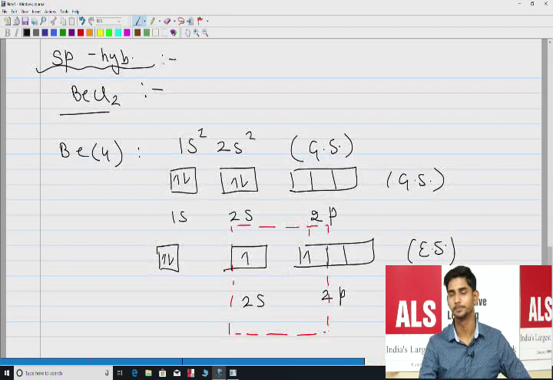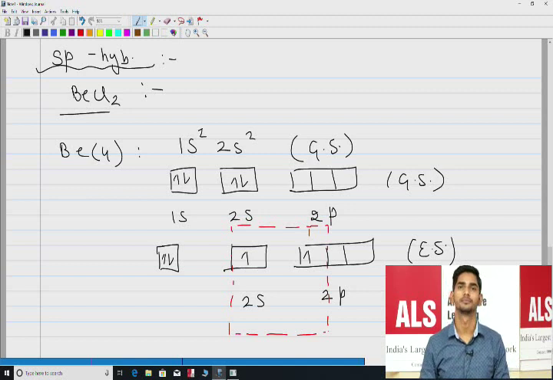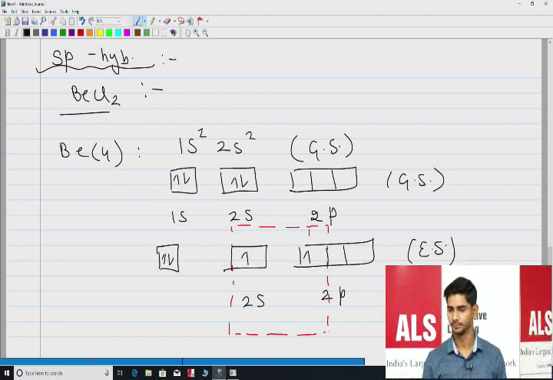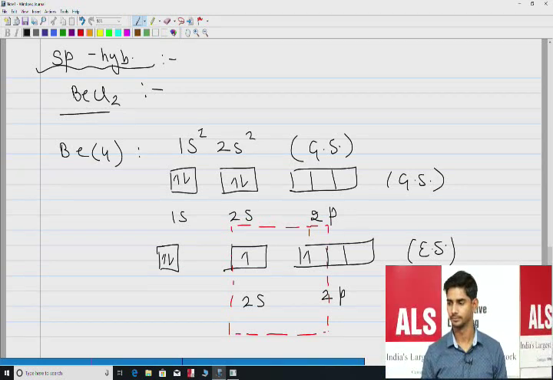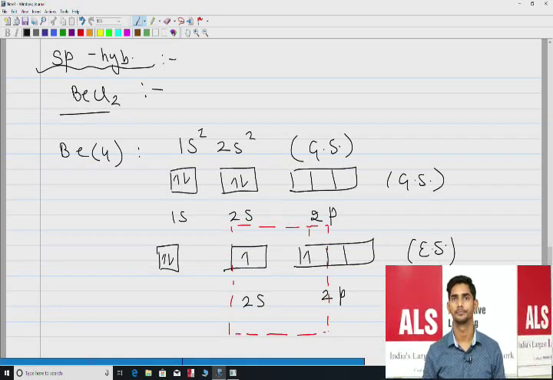Look at this. Check out the box, the red box. My question is, how many p orbitals are under the red box?